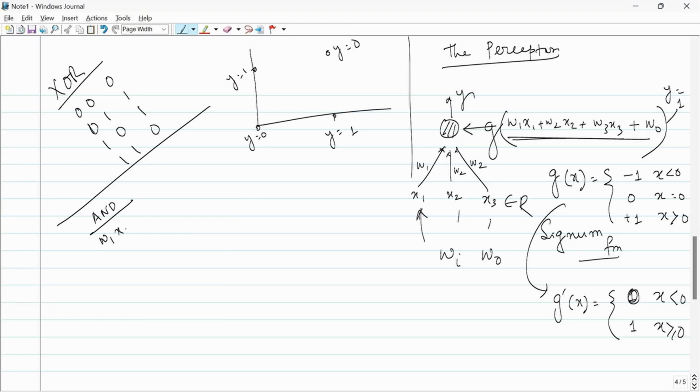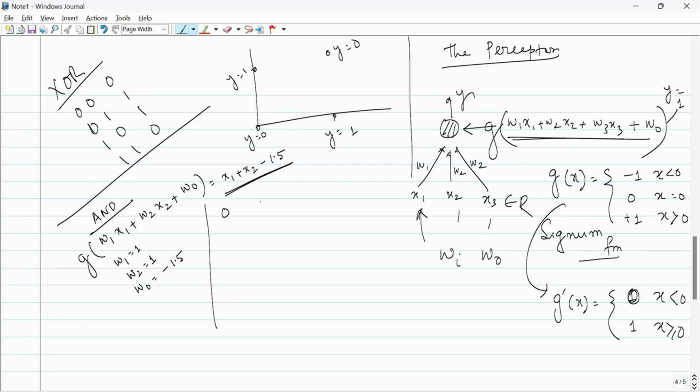So this is w1 x1 plus w2 x2 plus w0, and you pass it through g. In case of AND, let's say w1 is 1, w2 is also 1, and w0 is minus 1.5. So think about it, this will look like x1 plus x2 minus 1.5. So this is my classifier, the line.